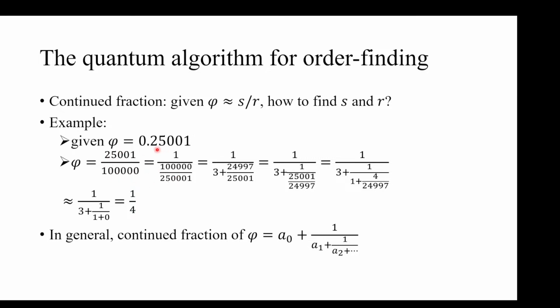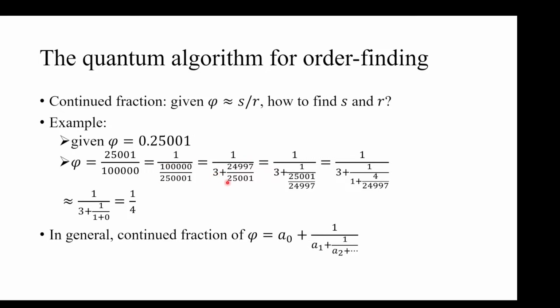So you say it's 25001 over 100000. And so you flip this fraction around, so it's 1 over 100,000 over 25001. Okay, and then you divide with quotient and remainder.